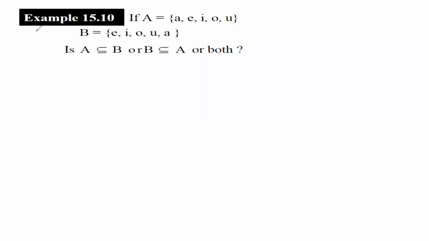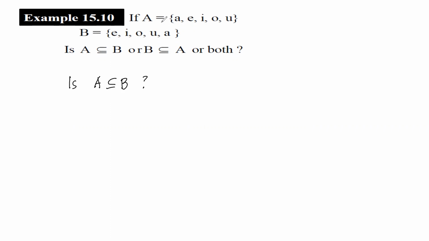Okay, another example. If we have the elements of A: E, I, O, and for B, we have the elements E, I, O, Q, P. Is A a subset of B? Are the elements of A present in B?